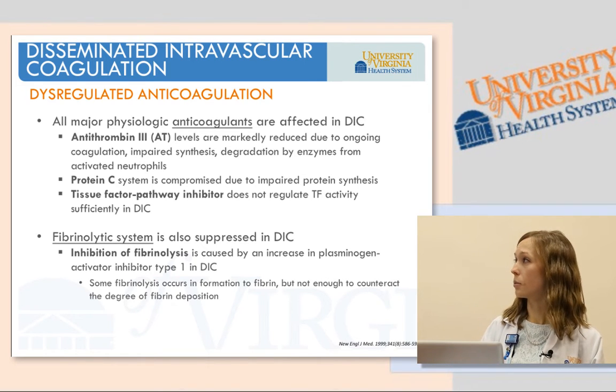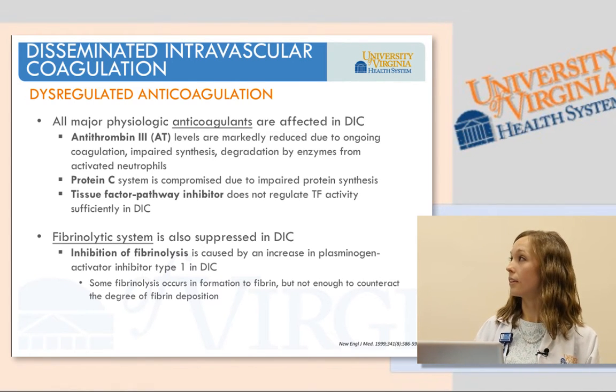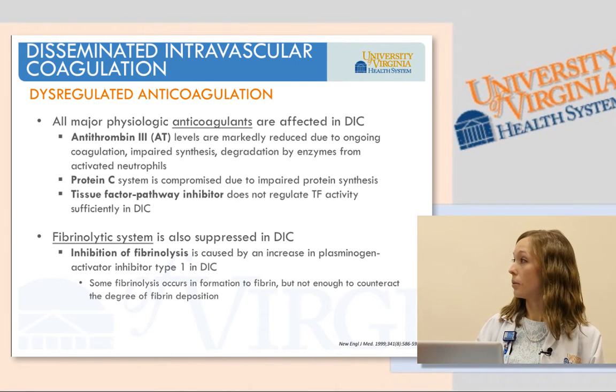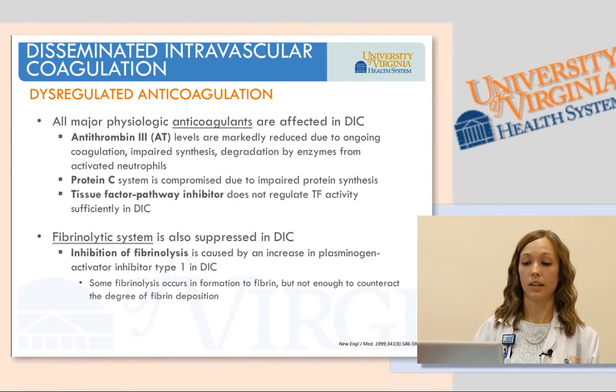Our protein C system is also compromised because of impaired protein synthesis, and our tissue factor pathway inhibitor, this protein that typically regulates our extrinsic pathway and keeps all of our hemostasis in check, is just unable to regulate tissue factor activity sufficiently in DIC. And if all of that wasn't enough, our fibrinolytic system is also compromised in DIC. We do have some breakdown of fibrin that's occurring in these patients, but it's just not enough to keep up with the amount of fibrin that's actually getting deposited.